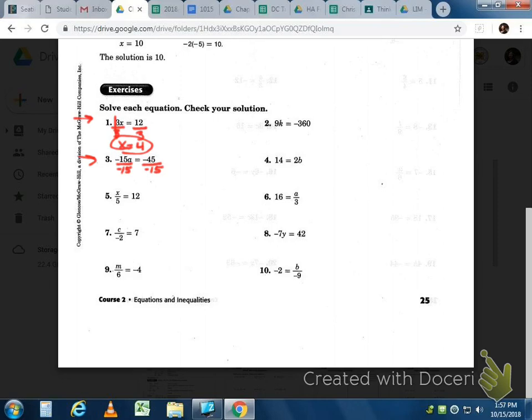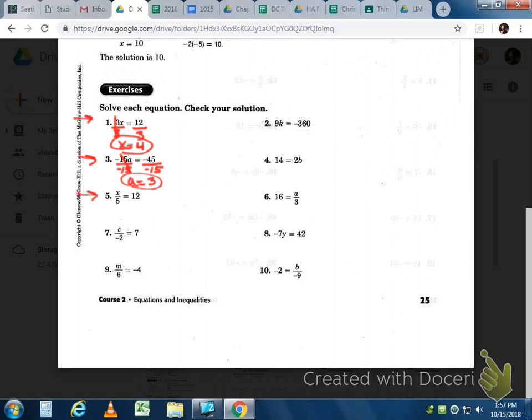So -15 divided by -15 cancels out, and a equals, it's a negative divided by a negative, which would be a positive, and then 45 divided by 15. Three. Good.